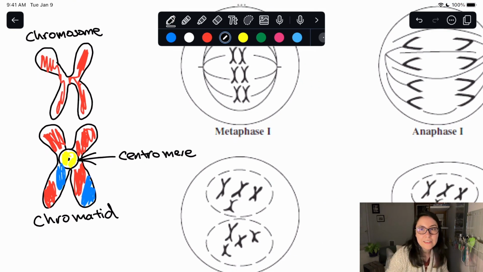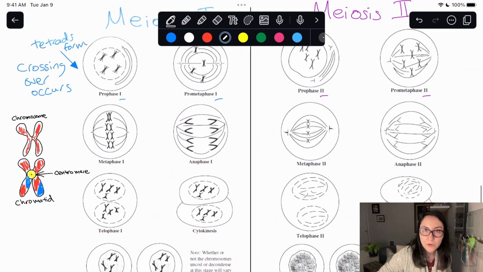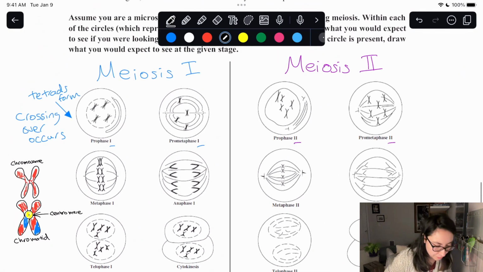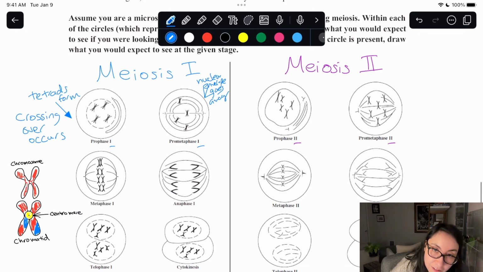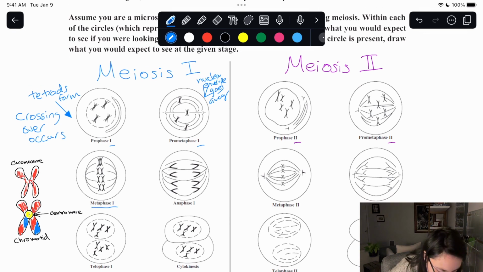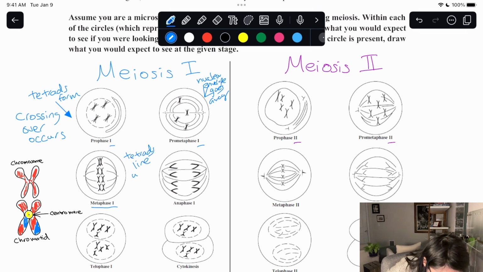A chromatid is really good to understand because in this whole process with meiosis 1 and meiosis 2, once you go through prometaphase, where the nuclear envelope goes away or disappears, you then go to metaphase, and you're going to notice that the tetrads line up. And then they split in anaphase.